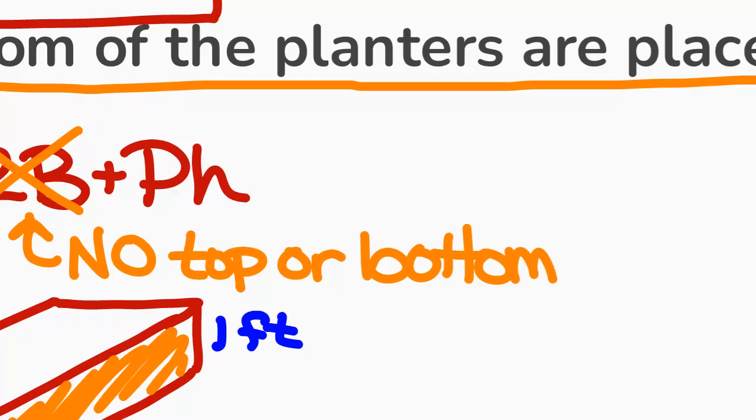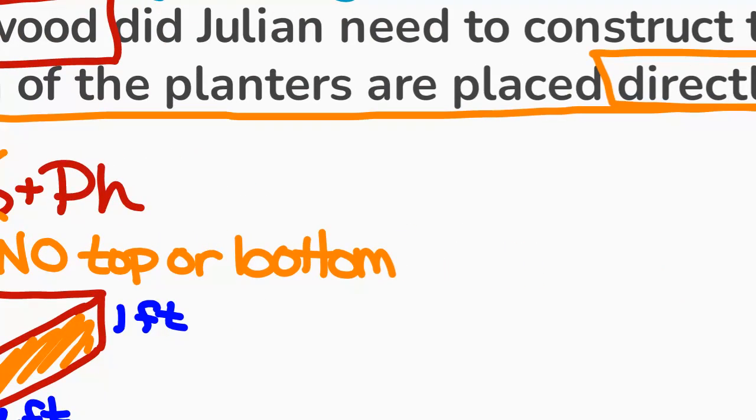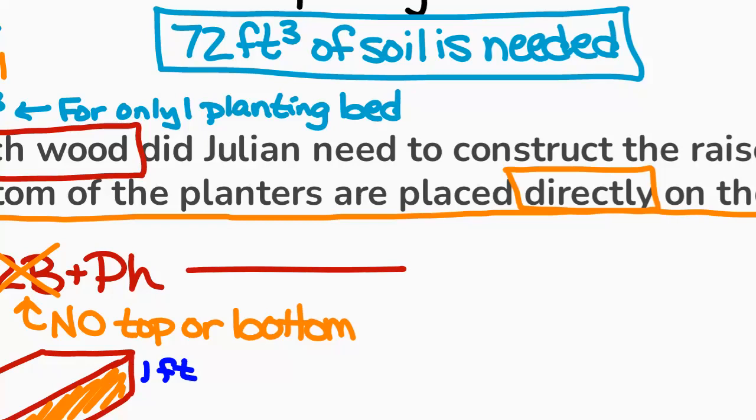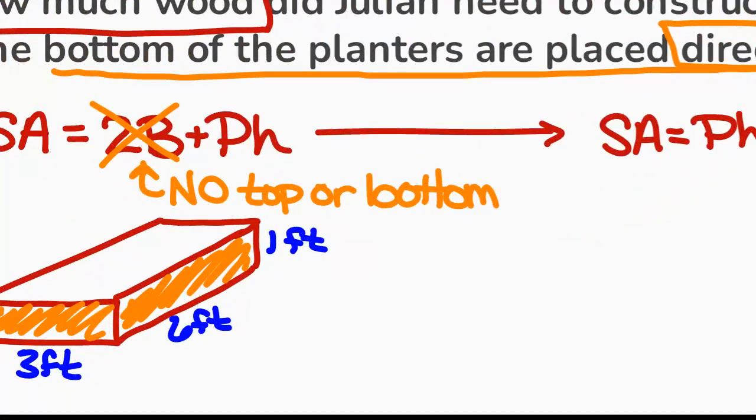So the wood that he needs to construct this, he's basically making like a hollow box. No bottom, no top, just the outline of a rectangle here. Yep, so we need perimeter times the height of these planter beds.